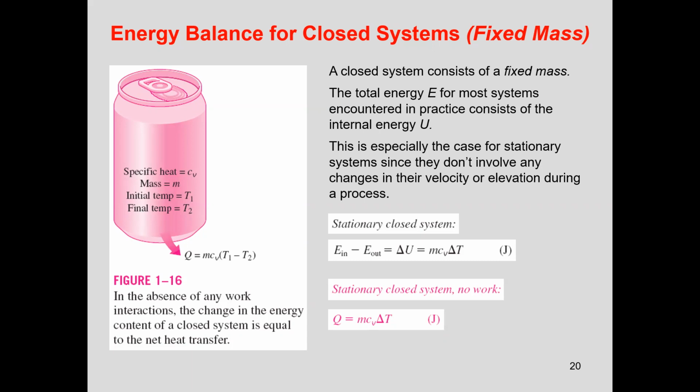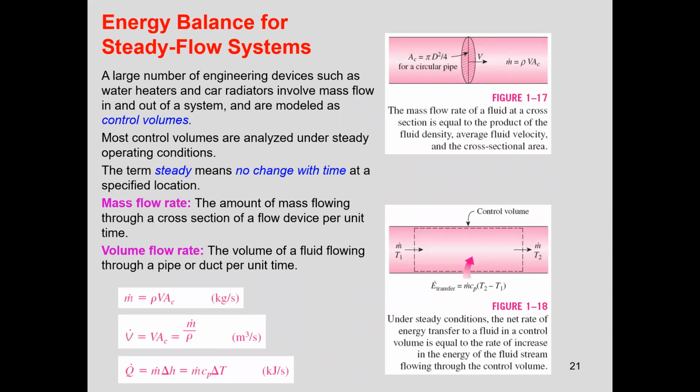And if you don't have any work, then the Q gives you an equation like this. Which is equivalent to something like a control volume or control mass kind of system, where the term steady means no change with time at a specific location.